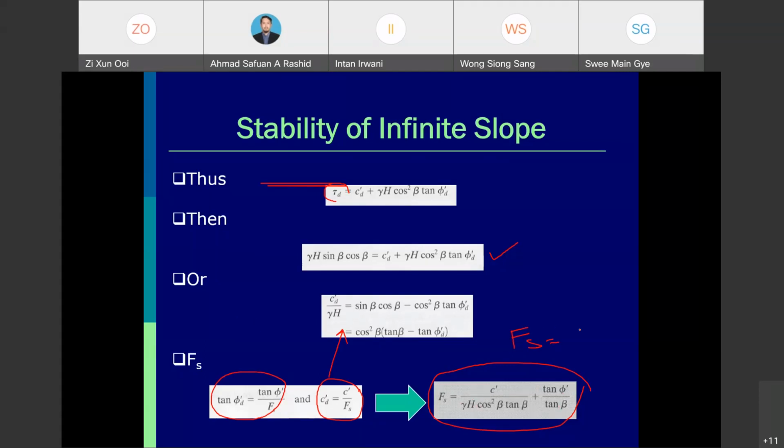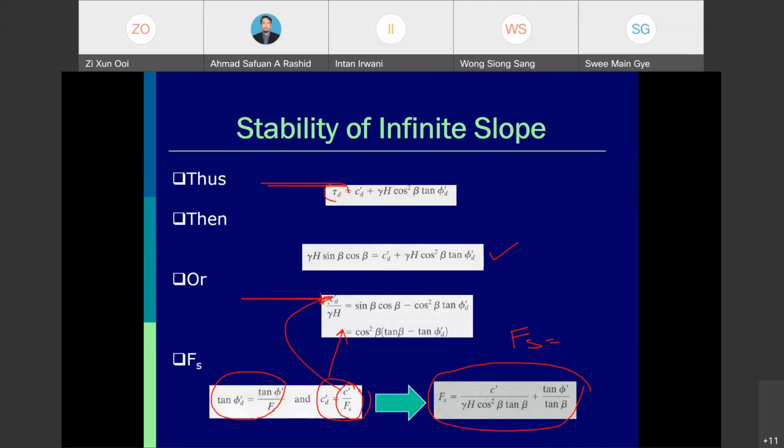We may understand more when we go through some examples. So this is how the derivation was made by the author. So how to get this one? First you need to include c prime over FS here.